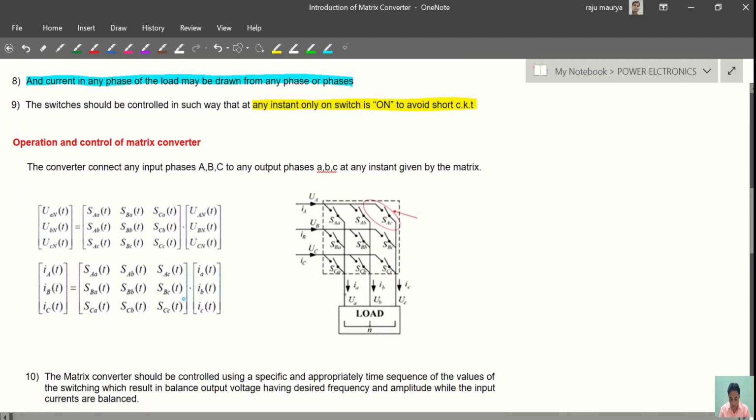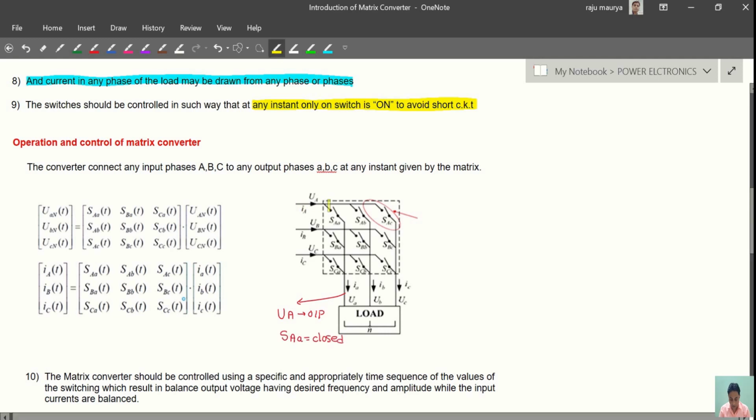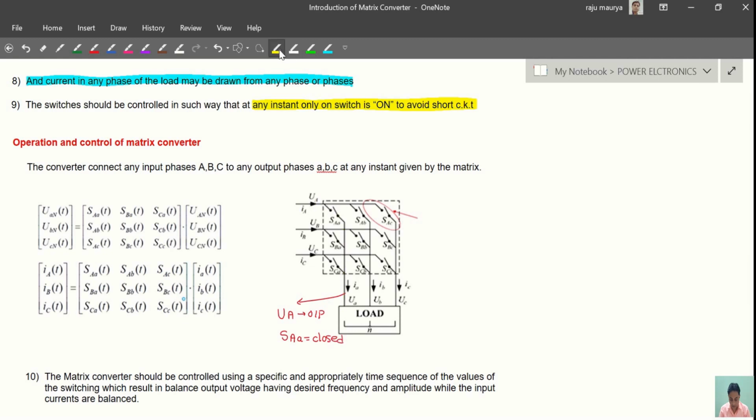Now, operation and control of the matrix converter. Suppose we want phase A as an output, then we switch on or close SAA. That means this phase comes here.